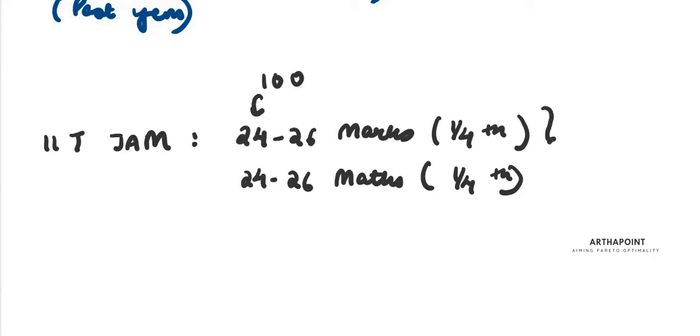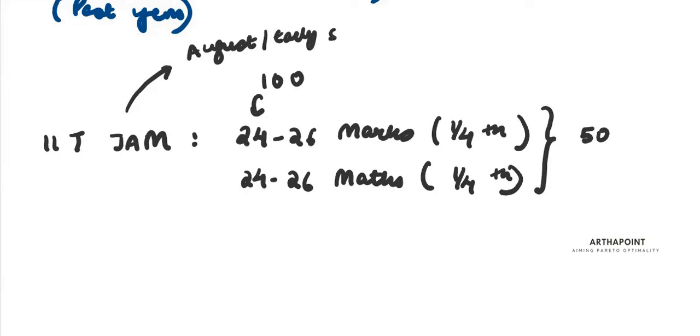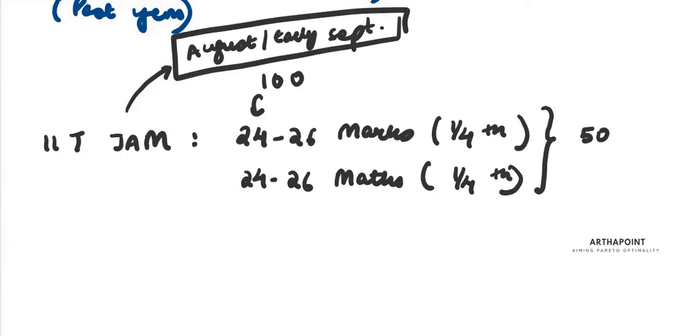So these 2 things, if you do them well by end of August or early September, it means that you have covered a 50 marks paper of IIT.